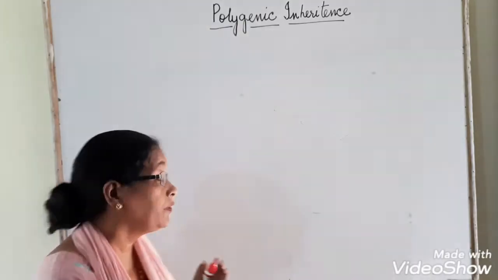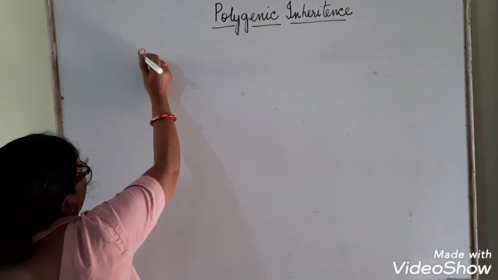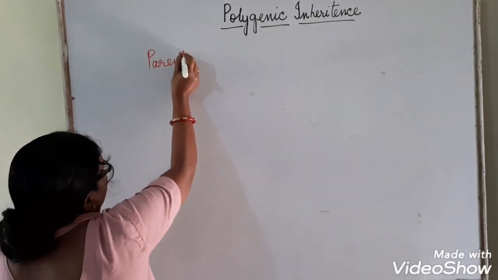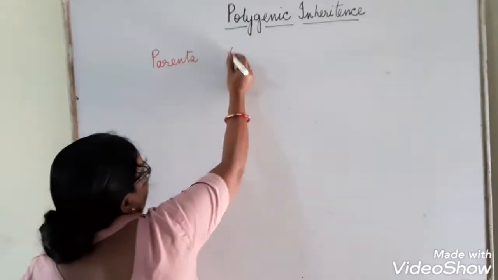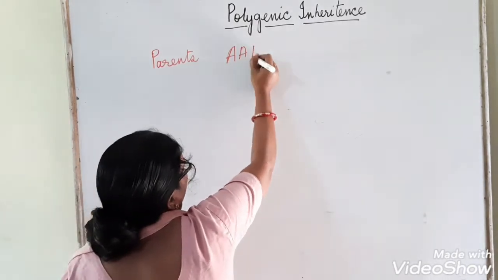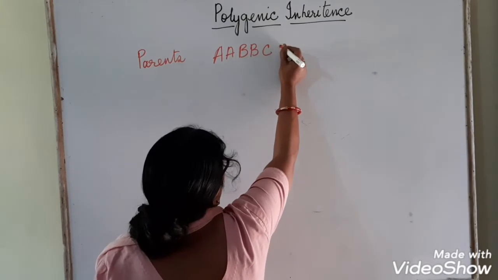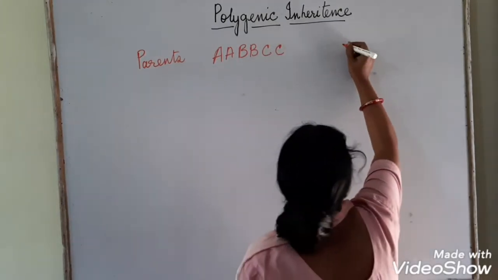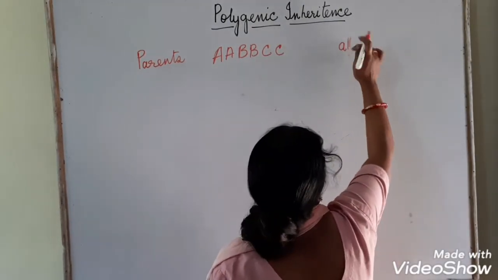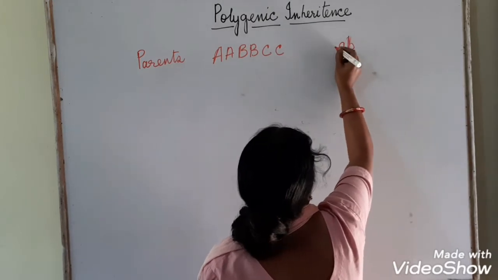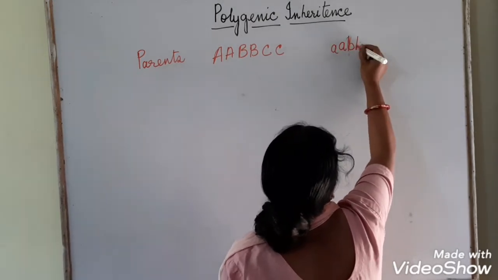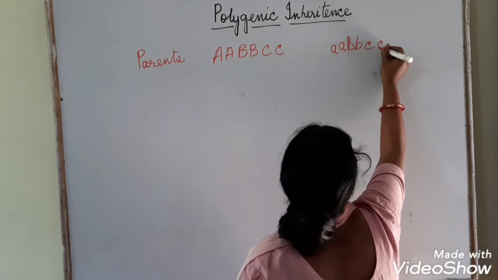Now let us see the example. Parents we can take. The dominant characters are capital A, B, C, and the recessive characters are a, b, c.